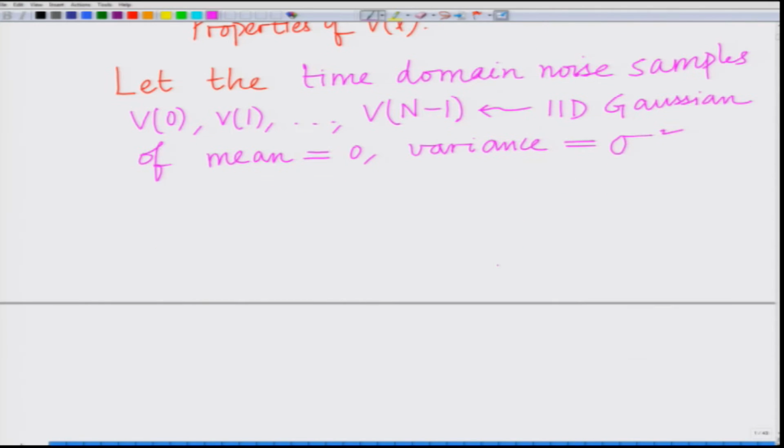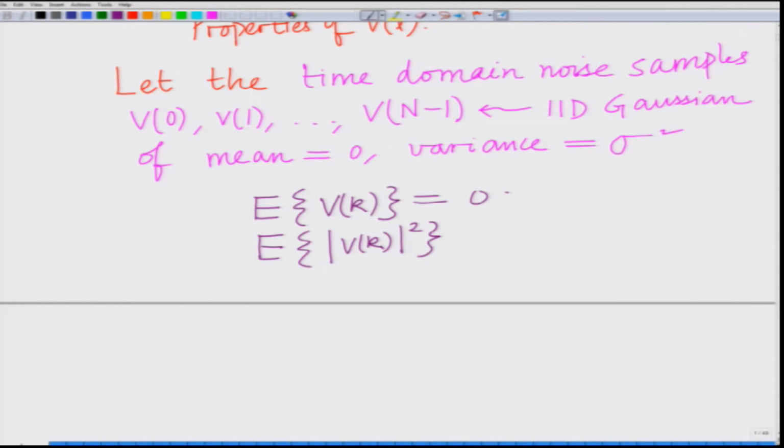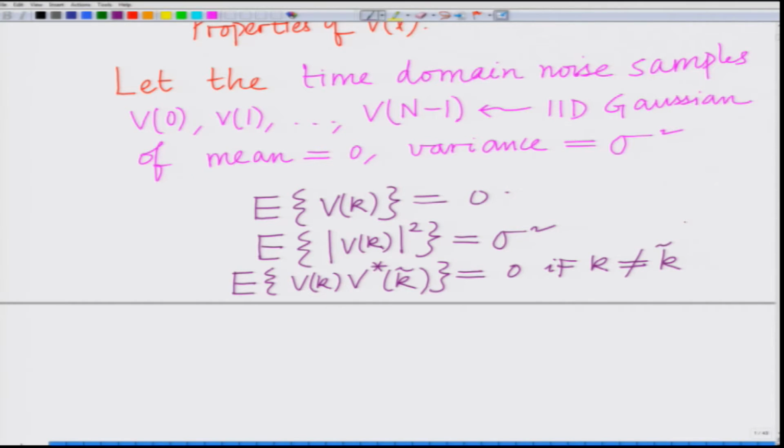That means for these noise samples, the small v's, we have expected value of Vk equal to 0, expected value of magnitude Vk square equals sigma square, and since they are independent, expected value of Vk into V conjugate k tilde equals 0 if k is not equal to k tilde.